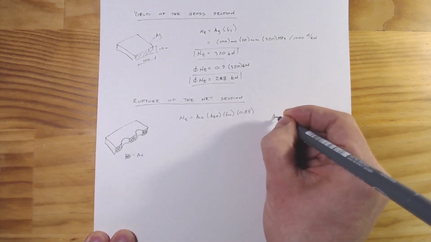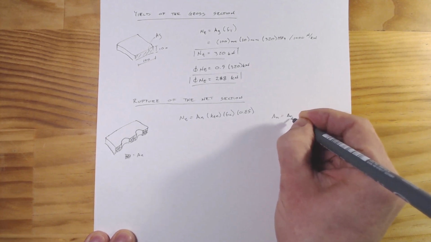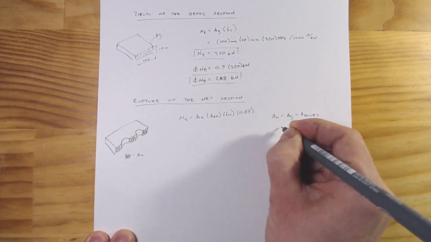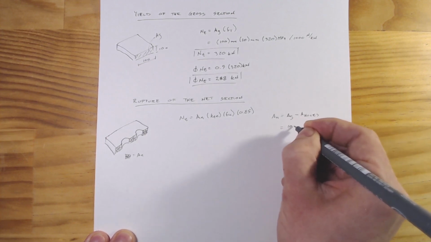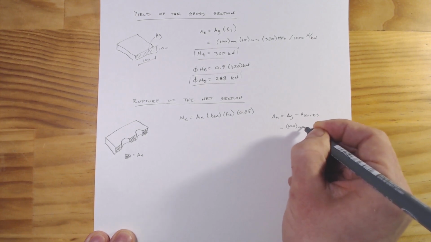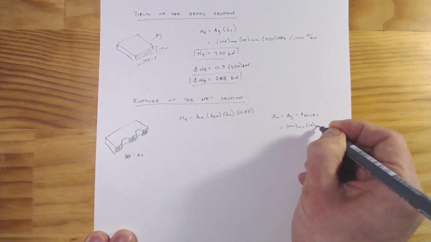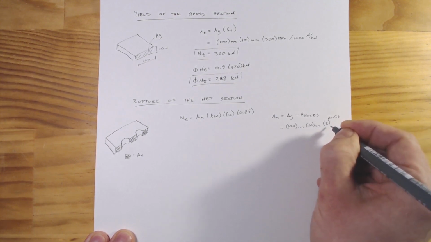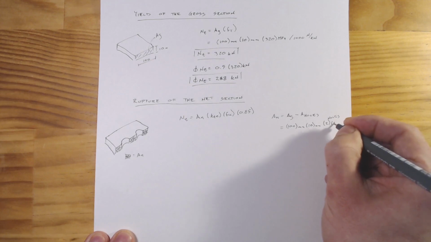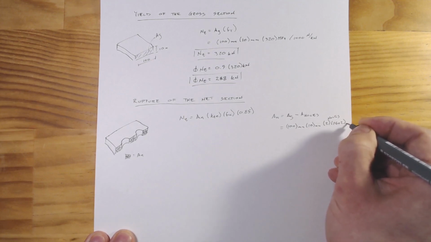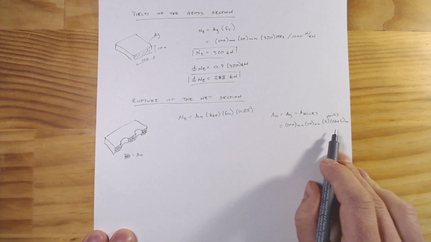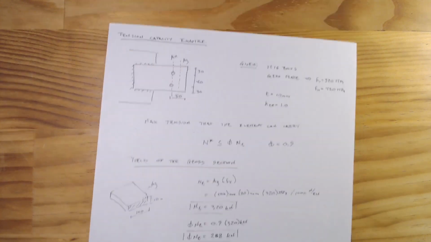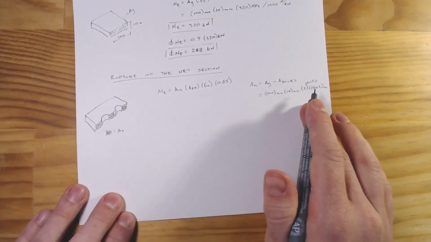So An is just going to be our gross area minus the area of the holes, and that's going to be 100 millimeters times 10 millimeters minus 2 holes times 16 plus 2 millimeters. And 16 plus 2 because we have M16 bolts, but we need that 2 millimeters for the clearance and the tolerance.